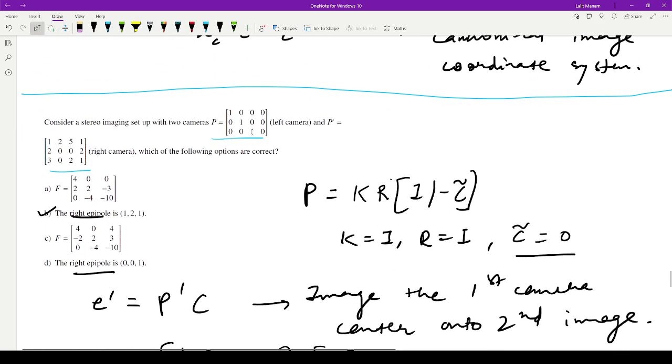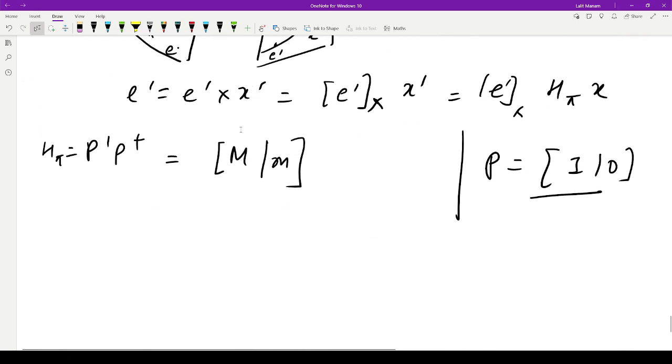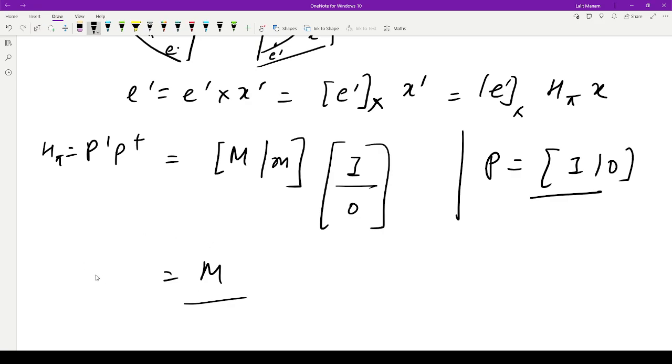It's just identity and zero. So P is the canonical camera. Given this, I can write it as identity and a zero row. If we multiply this, we get M. So H pi is M.